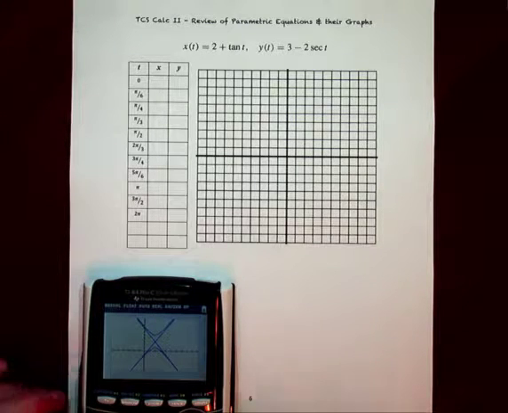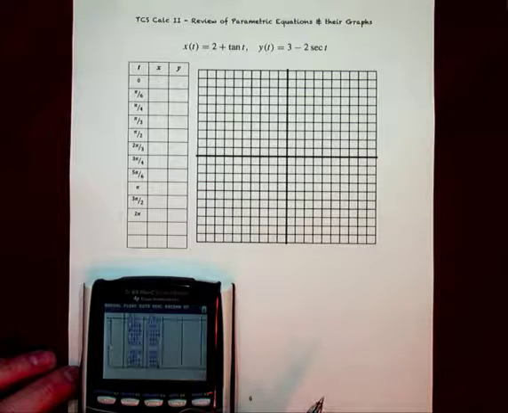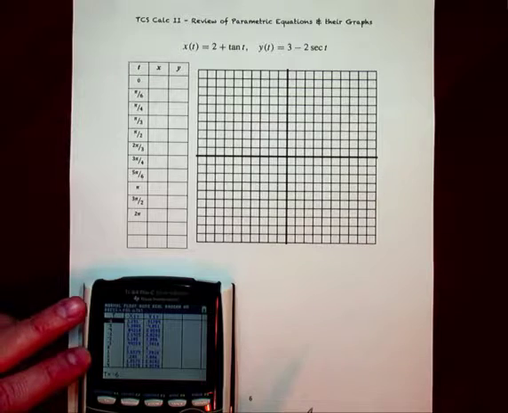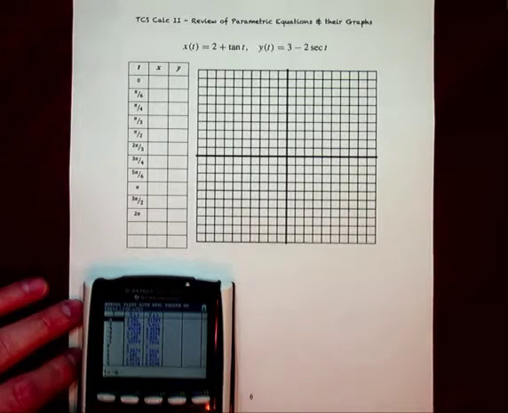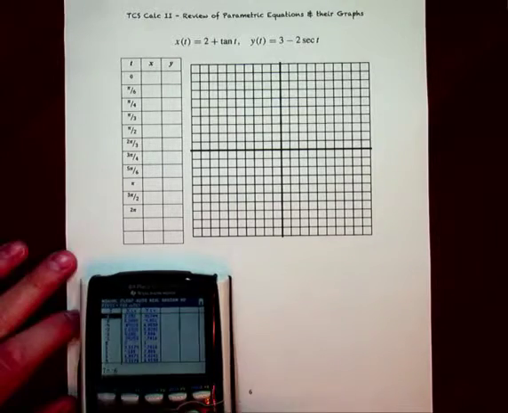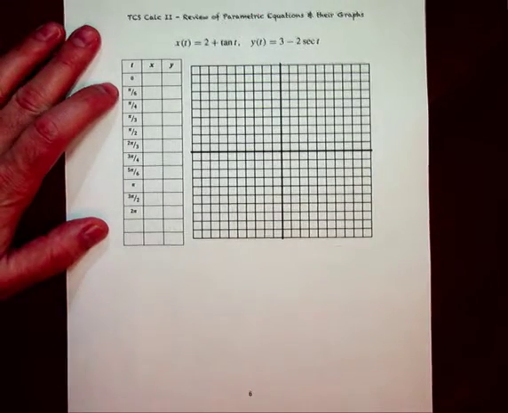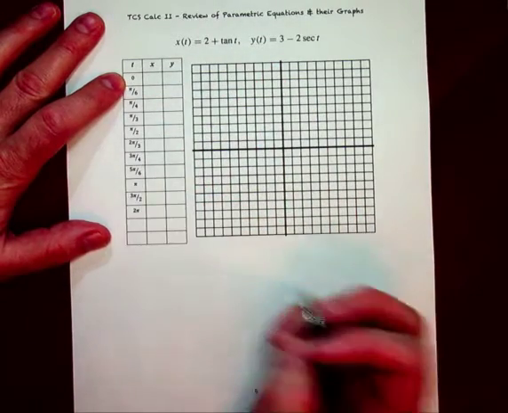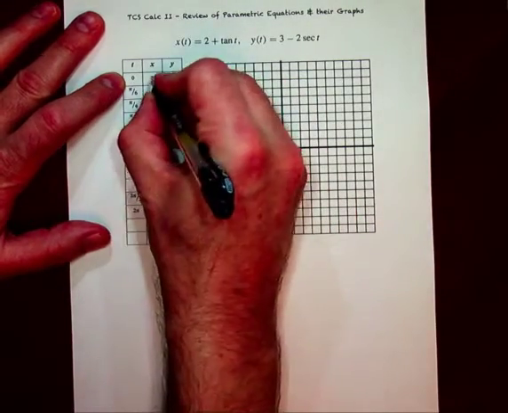Remember that you can look at the table of values in the calculator, but unfortunately the table is not going to be populated by pi values, but by integers. So let's just plug in some values here. When t is equal to 0, tangent t is 0, and this winds up being 2.